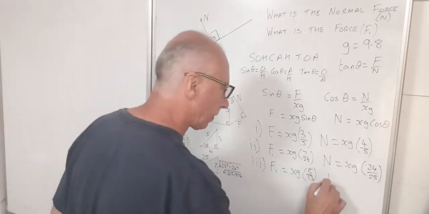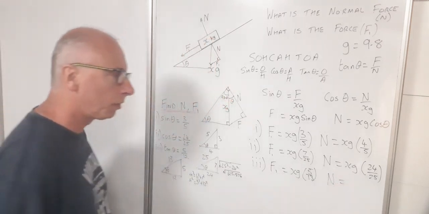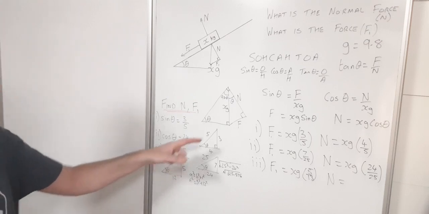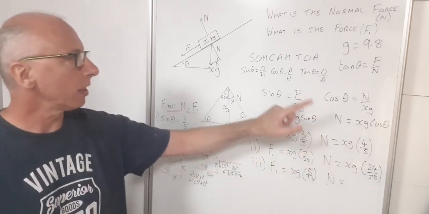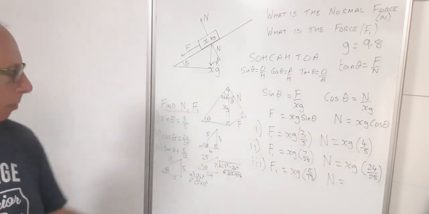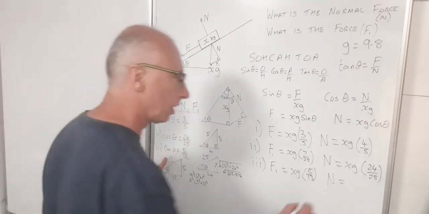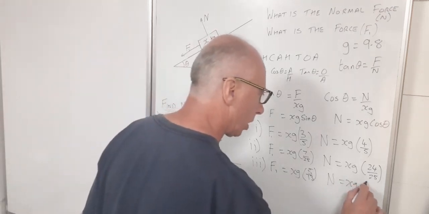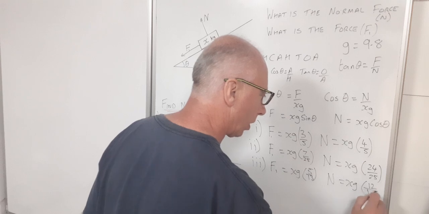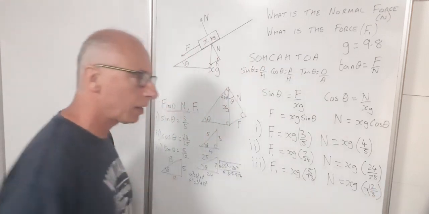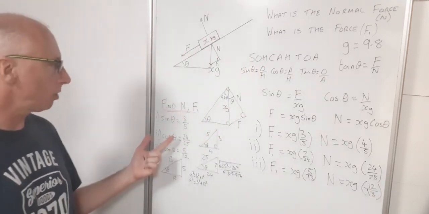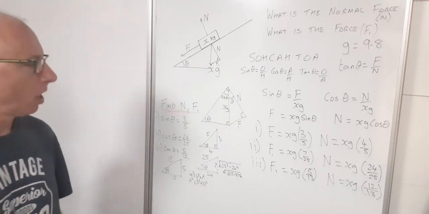Now my normal force is going to use cosine theta, adjacent over hypotenuse, which is 12/13. So xg times 12/13. So those are my normal forces and my forces with these calculations. Okay.